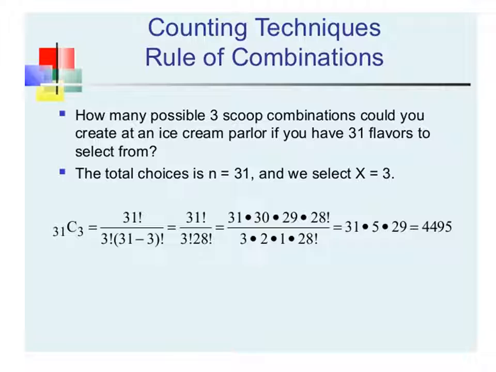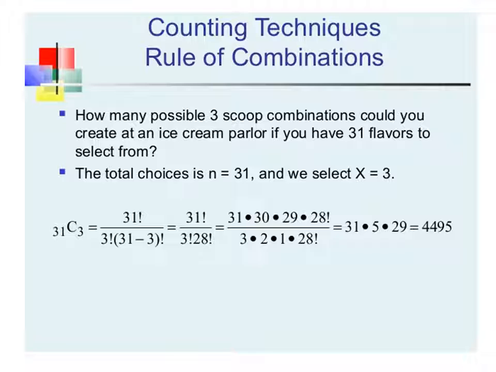In the equation down below, if you have 31 different items and you're combining, which is what the C stands for, 3 of them, then the number of combinations is 31 factorial, the total number of items you have, divided by 3 factorial, the number of items you're going to select, times the quantity 31 minus 3 factorial.